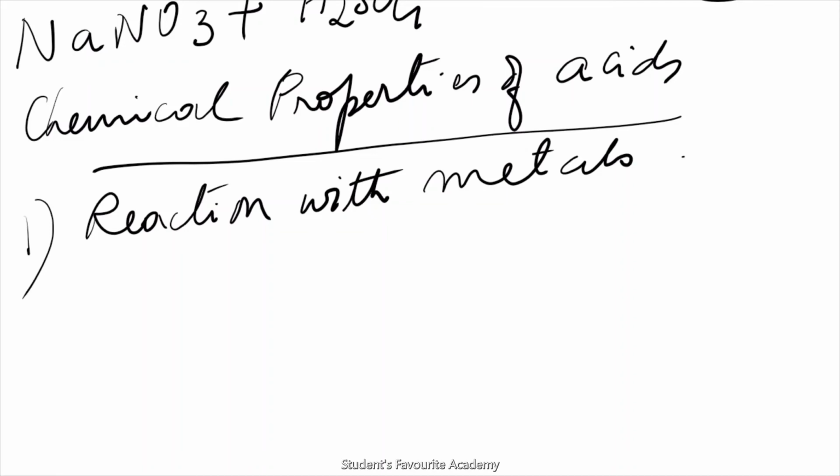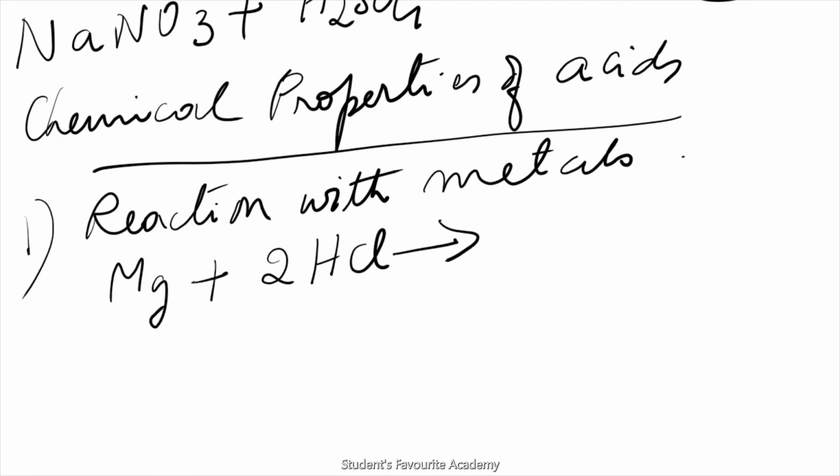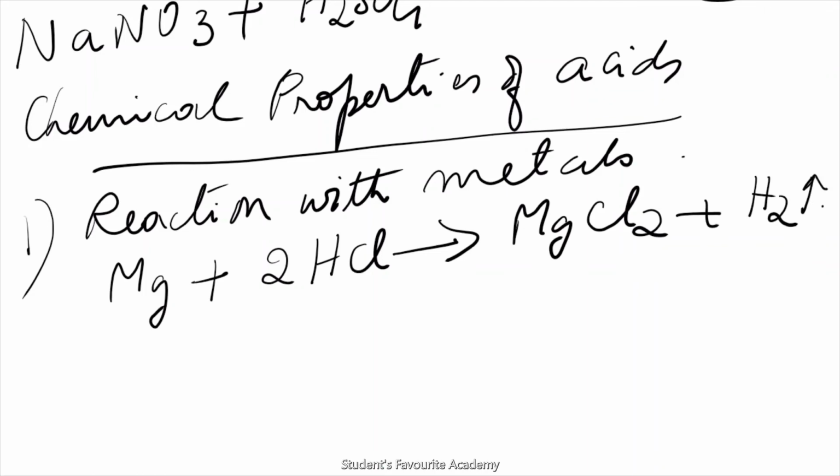So they even react with dilute acids, forming the corresponding salt, and hydrogen gas is released. For example, magnesium, which is a metal, reacts with hydrochloric acid, forming the salt magnesium chloride and releasing hydrogen gas.